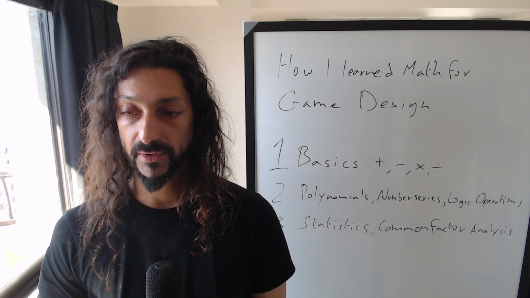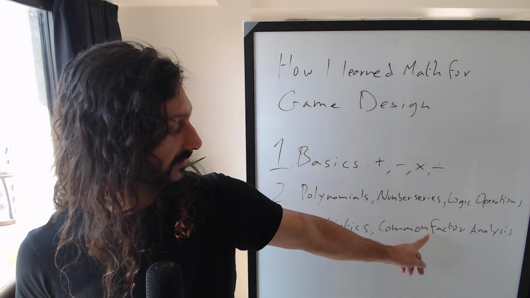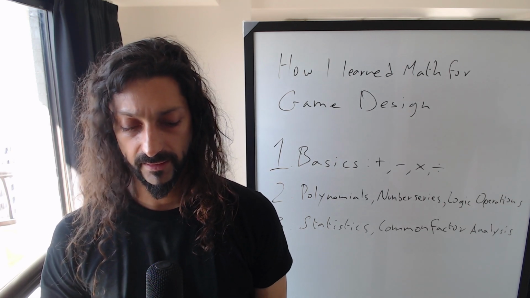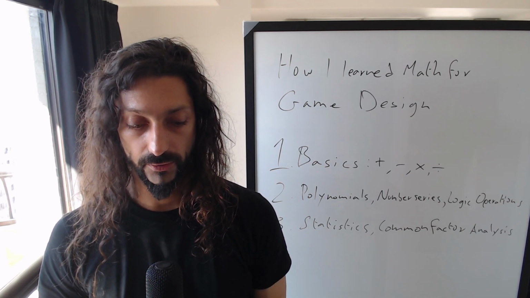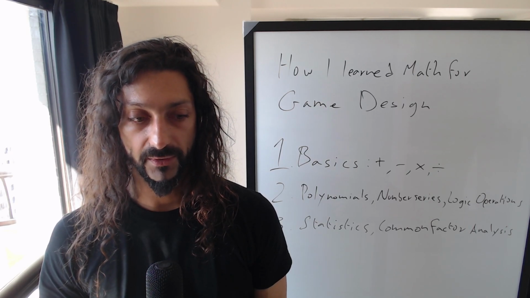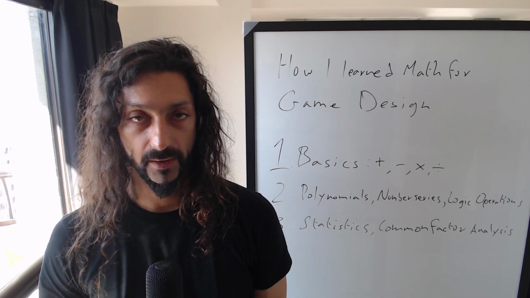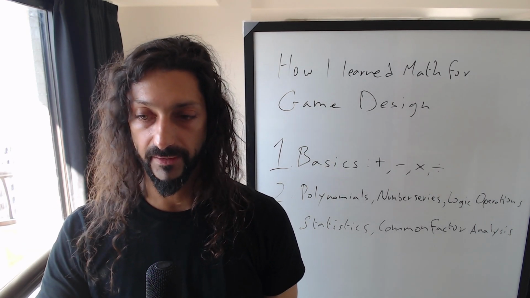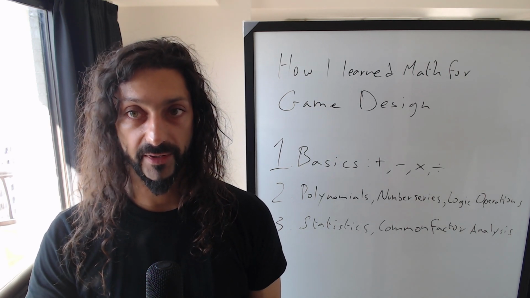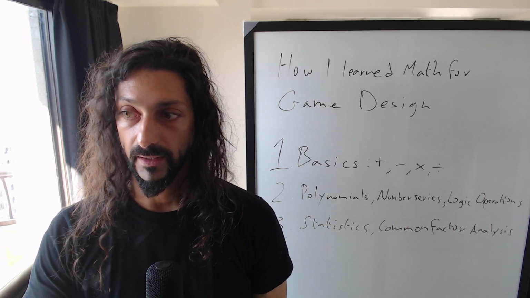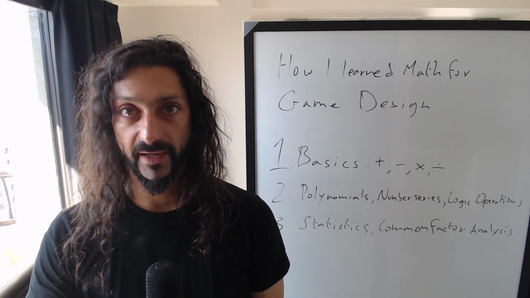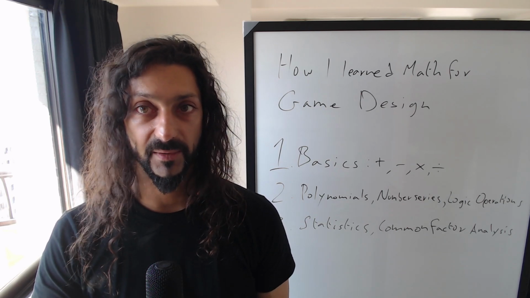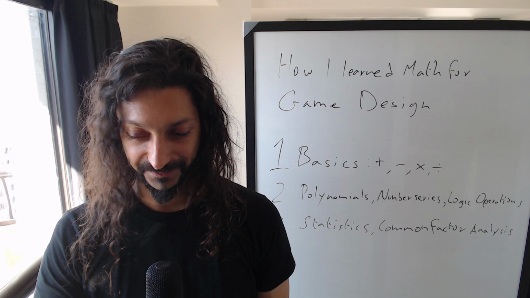And if you take it that far, then I really recommend common factor analysis, because that theory shows you what are some of the common things of a certain group. So for example, let's say that you have 1,000 players in your game right now, and 100 of them are playing for a really, really long time, and everybody else quits the game after 1 hour or something.